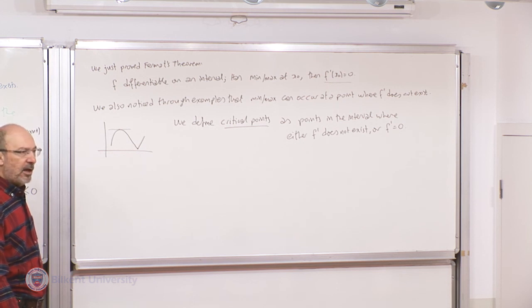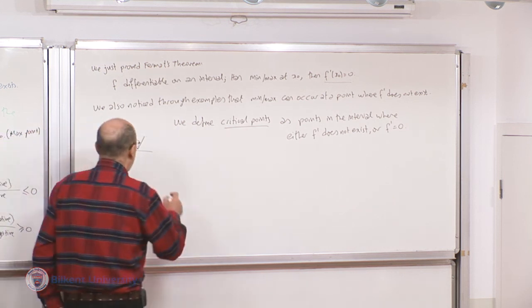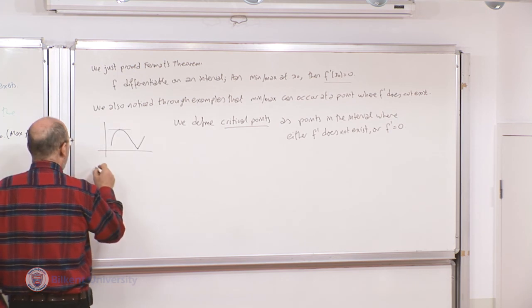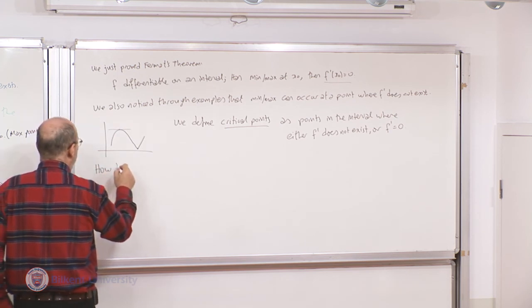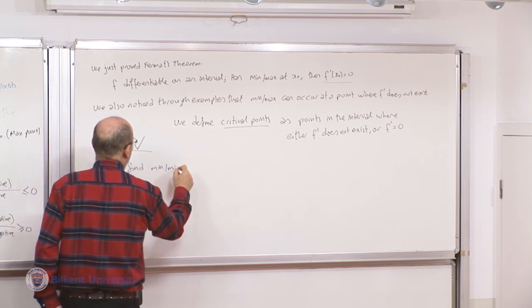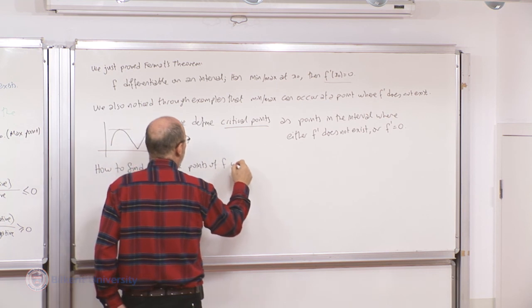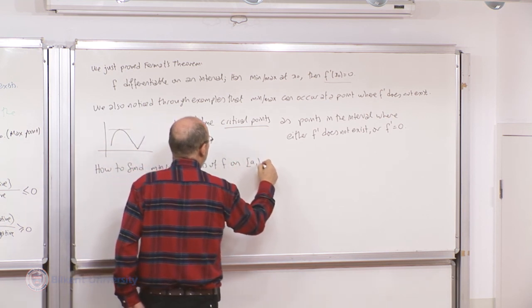Our hope is that when we work on a closed and bounded interval, there will be finitely many critical points, and we will check all of them one by one, and one of them is the maximum point. Okay? So how to find min-max points of f on a closed and bounded interval.